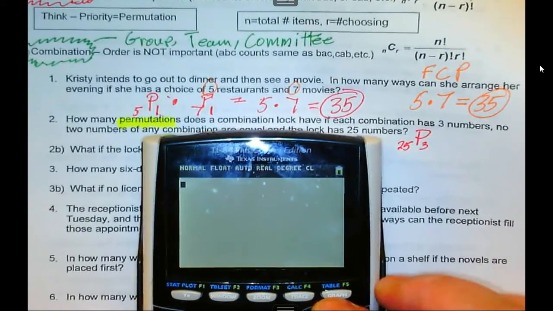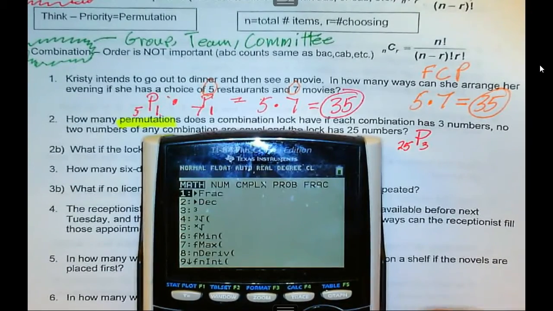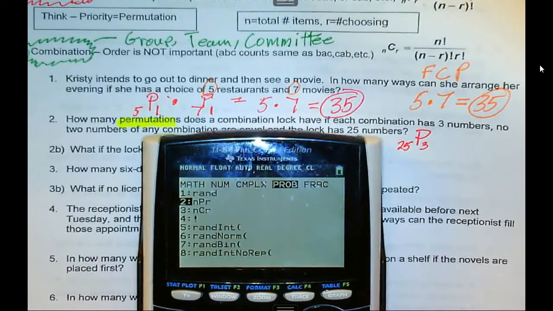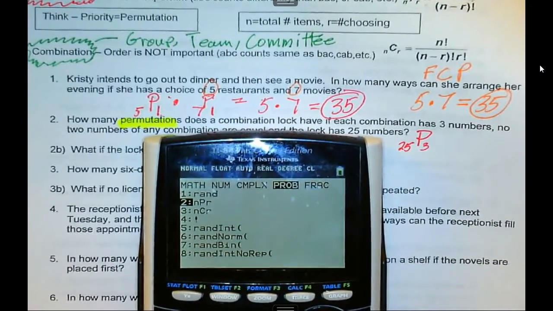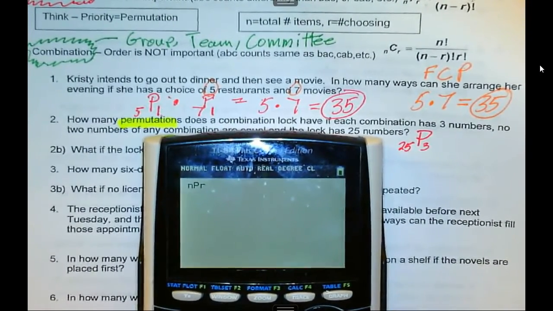So you put this in your calculator. Permutations was under math. Scroll over to prob, and on this calculator, it's number 2. Hit enter. I think I should have put the 25 in first.